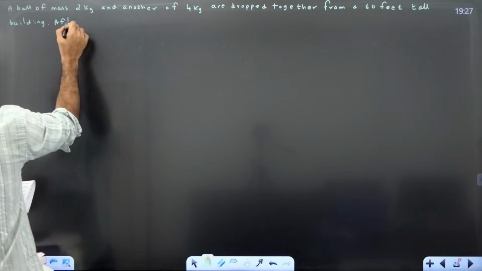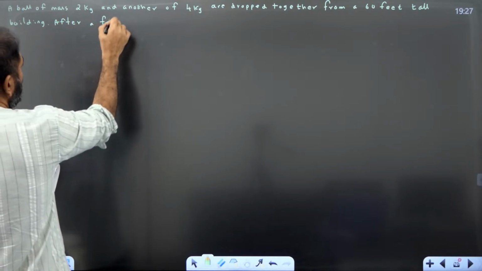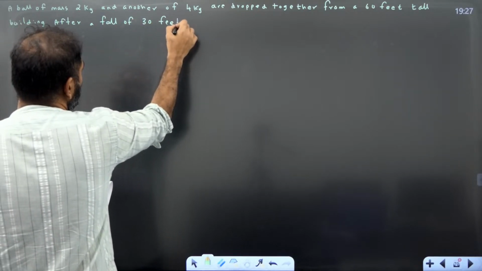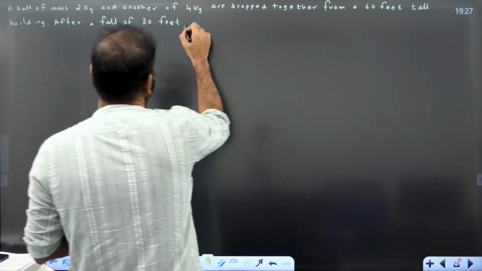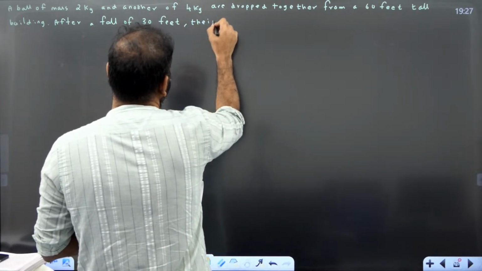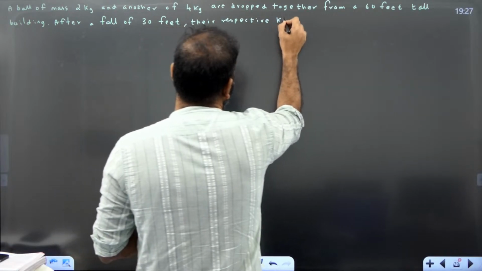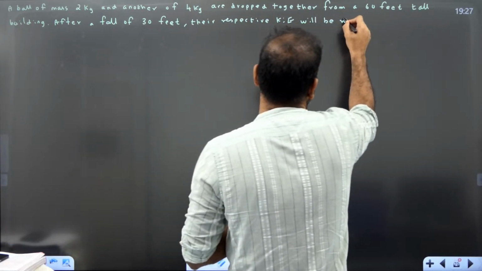After a fall of 30 feet, their respective kinetic energy will be in the ratio dash.